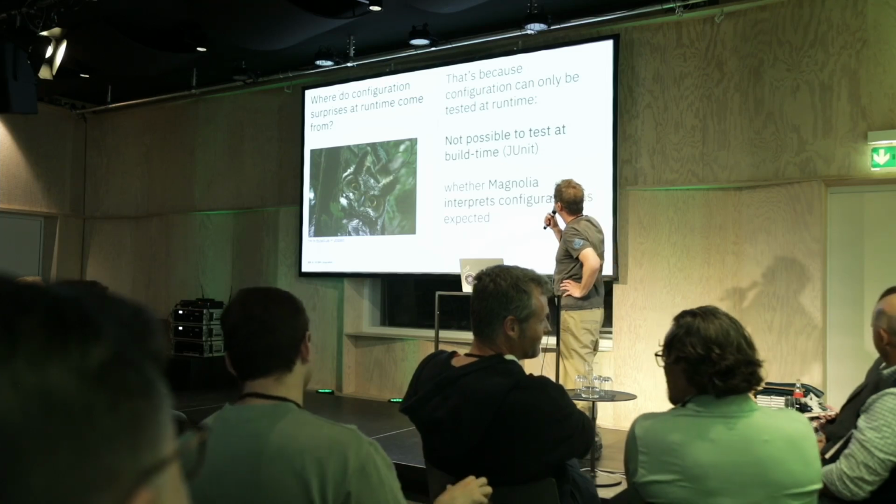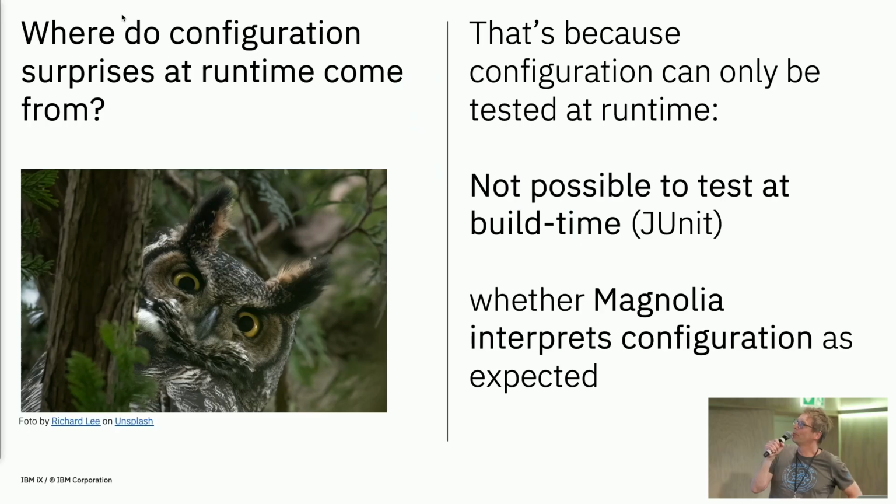So, what's the problem? The problem is that a big part of our code is configuration of some kind, like YAML or XML or decorator YAML or JCR bootstrap files and all kinds of stuff which isn't really Java code, which we could test in a JUnit test.